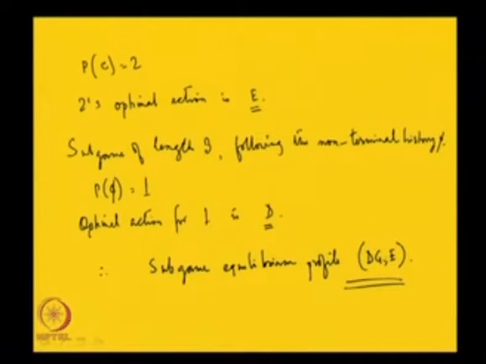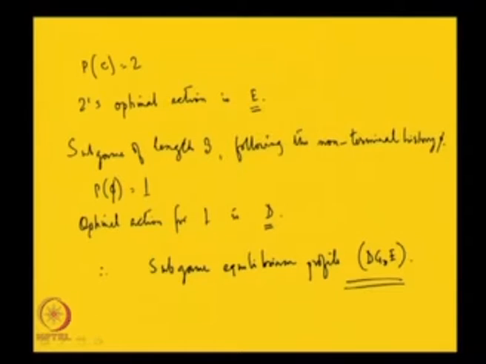Before the comma, in this parenthesis, I have DG, which is the strategy of player 1, and after the comma I have the strategy of player 2. The interpretation is the following.